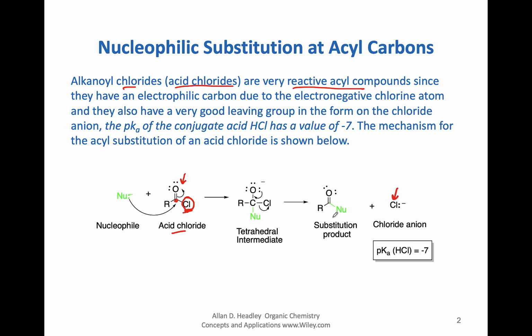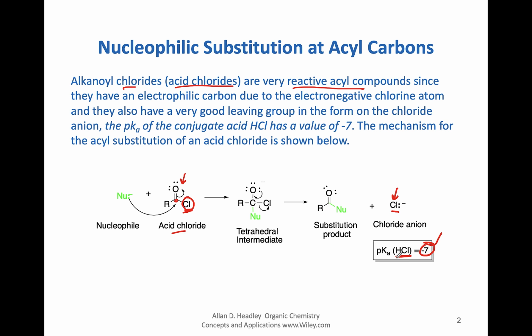How do we know that it's a good leaving group? We know that it's a good leaving group because the conjugate acid of Cl minus is HCl. The pKa here is minus 7.3, which means that it is a very strong acid.